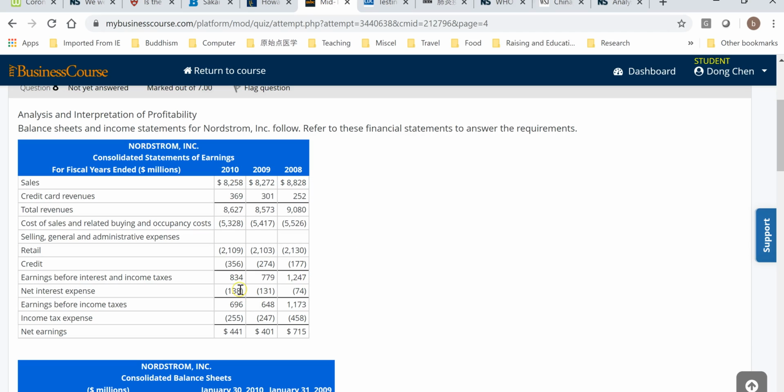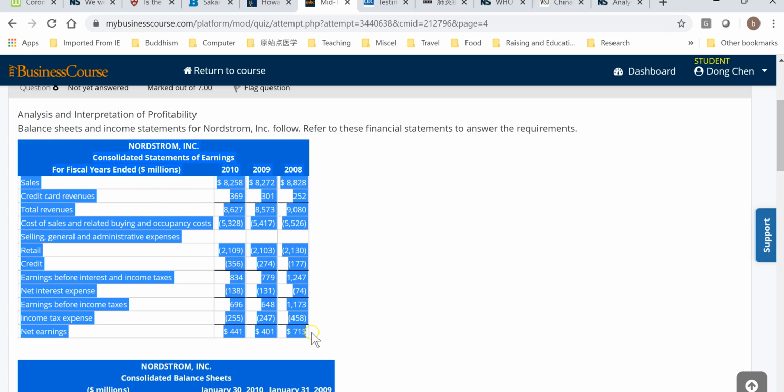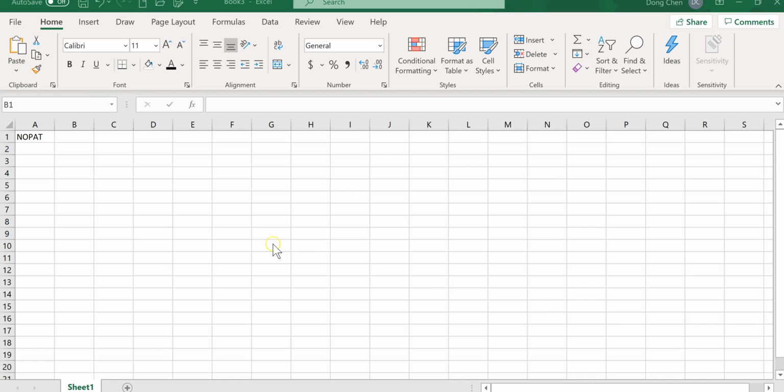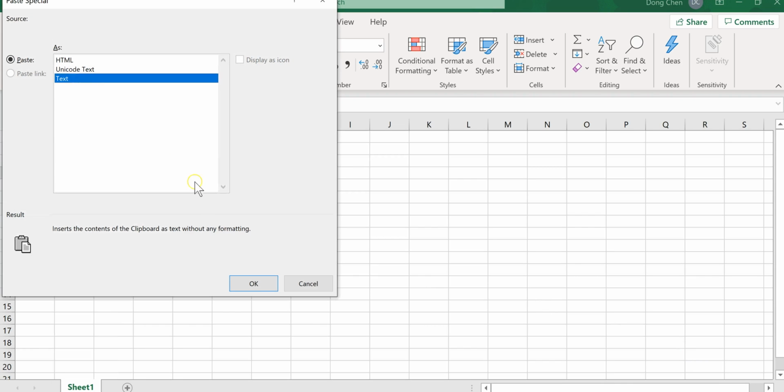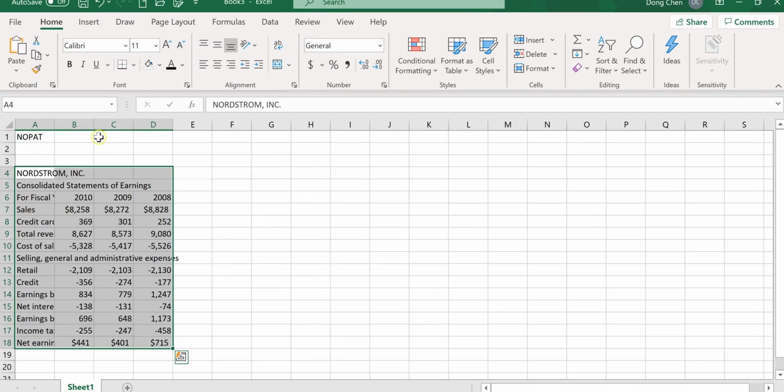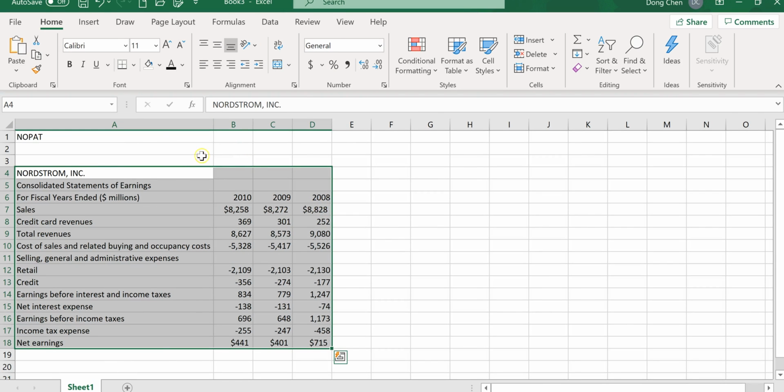So we just need to find the numbers, and in order to speed up the calculation, we can copy the number into our Excel sheet. We just copy that number and paste special, just paste the text. We don't need to leave so much space.